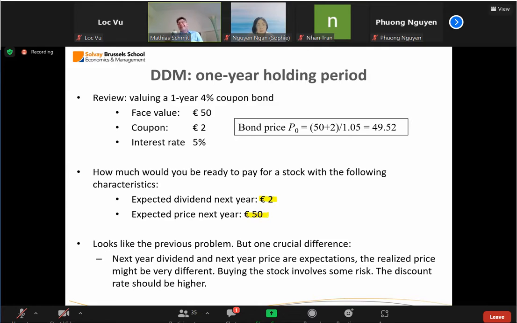So it looks exactly the same as the previous problem with the bond. However, the next year dividend and next year price are expectations. So it's more difficult to estimate the dividend of next year and the price. For a bond, they are defined.